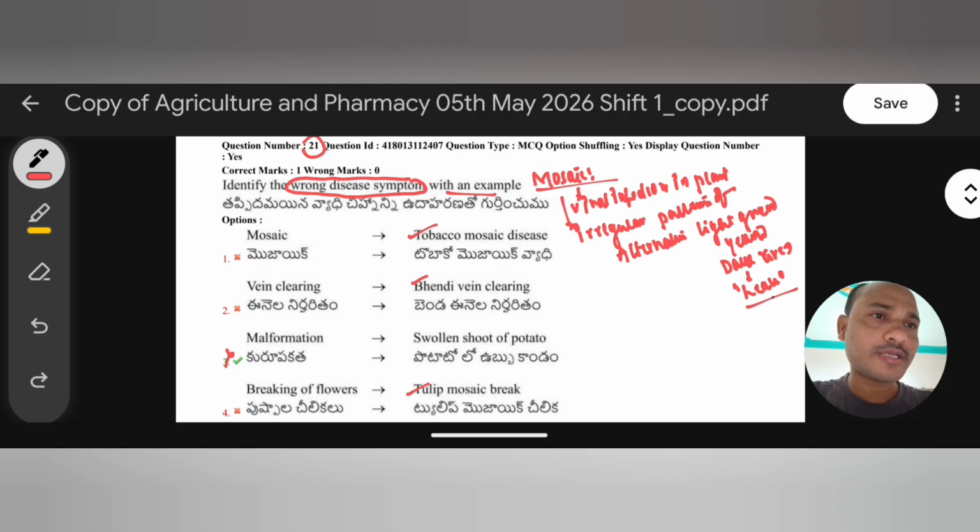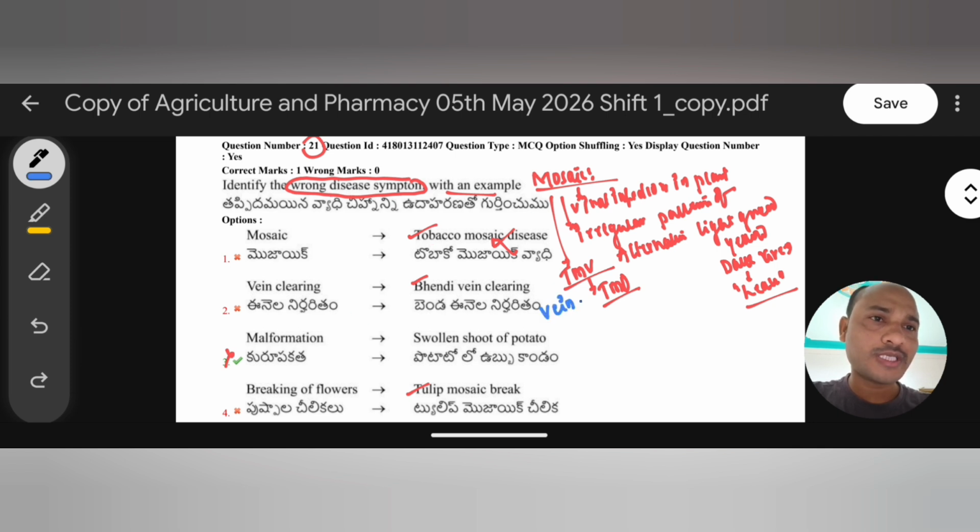Irregular patterns are generally seen with these colors. So that is the characteristic feature of mosaic. Mosaic symptoms are mainly caused by the virus called tobacco mosaic virus, and this leads to tobacco mosaic disease. Okay, hence this statement is right generally. But here we have to choose only the wrong disease symptoms.